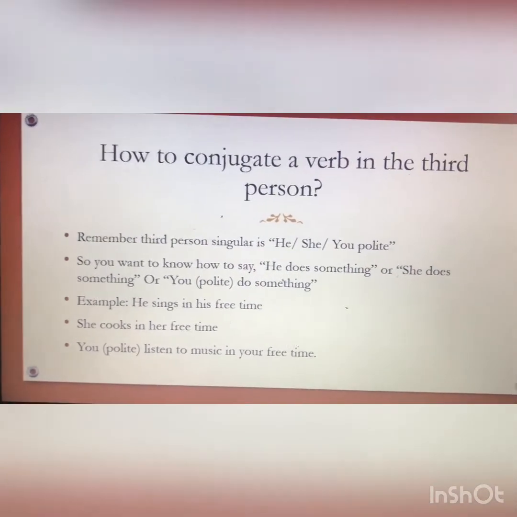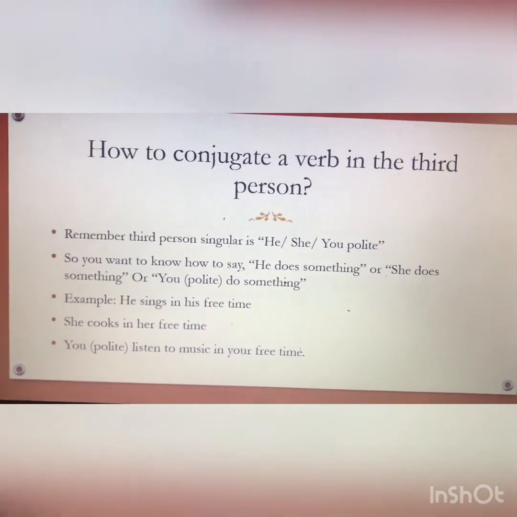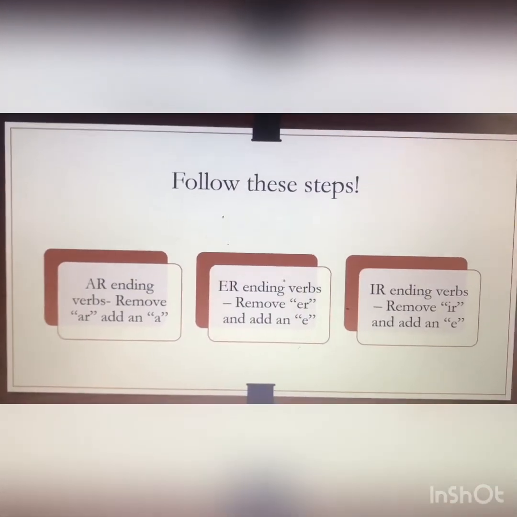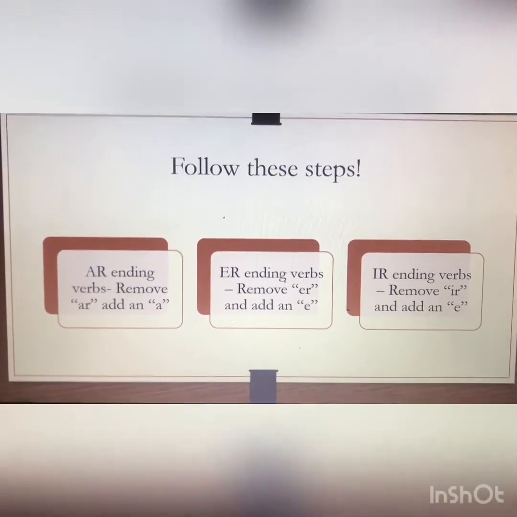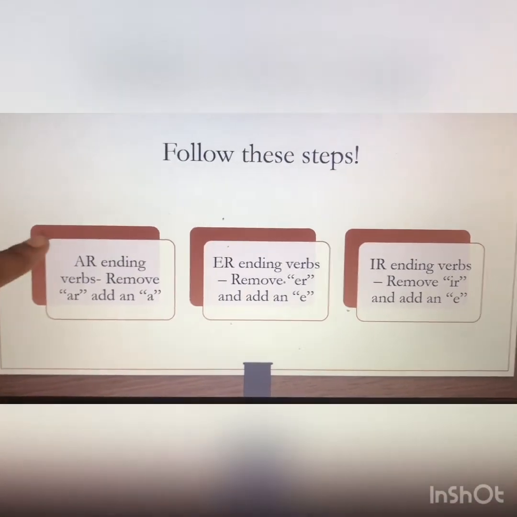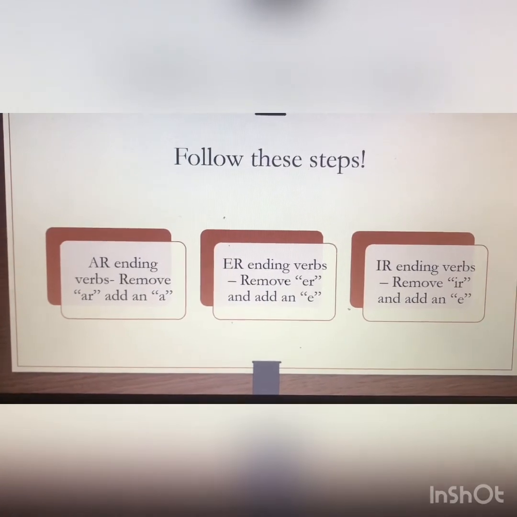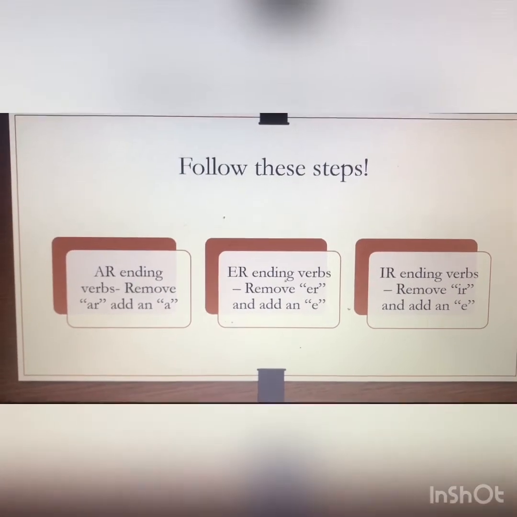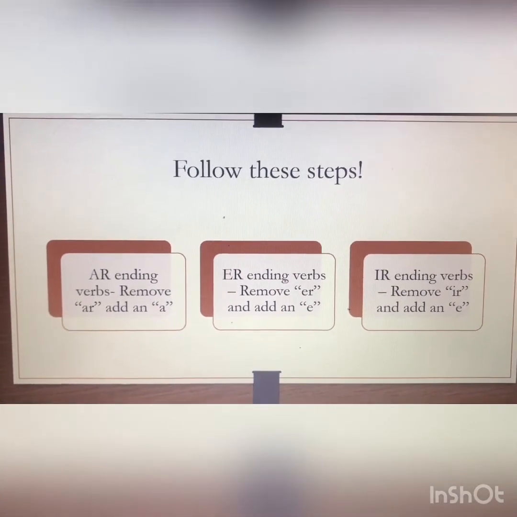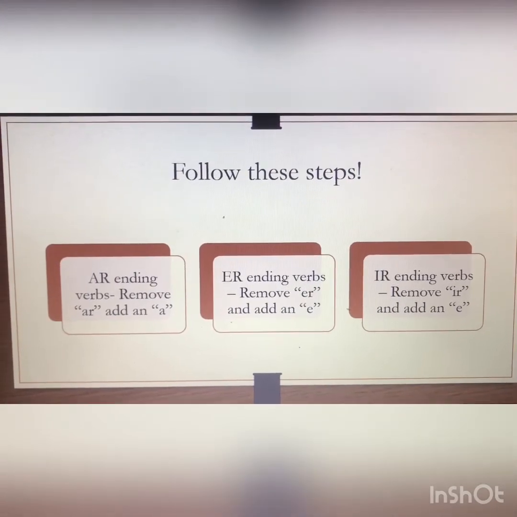So how is it that we conjugate the verb in the third person? Well, we can follow these steps. For AR ending verbs, we remove the AR and we're going to add an A. For ER ending verbs, we're going to remove the ER and then we're going to add an E.